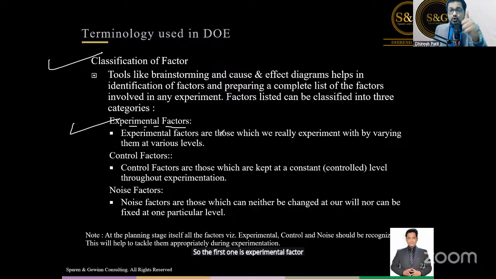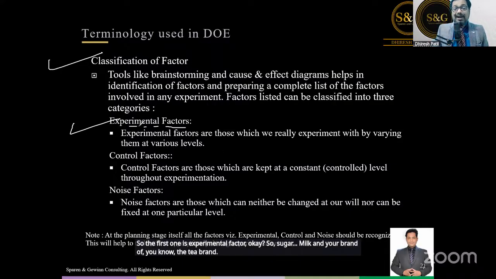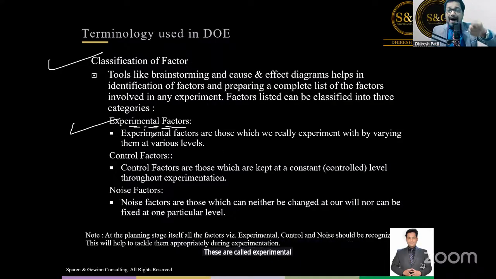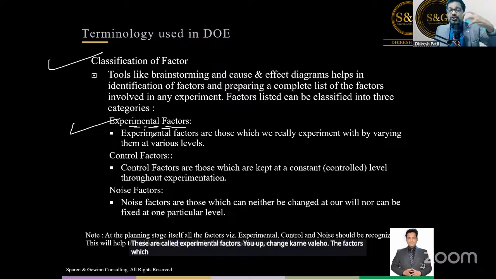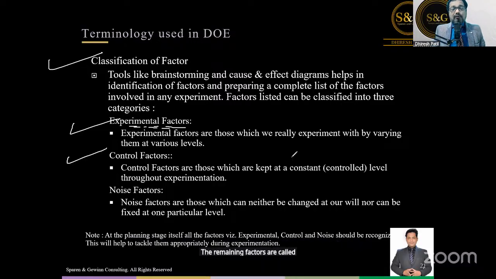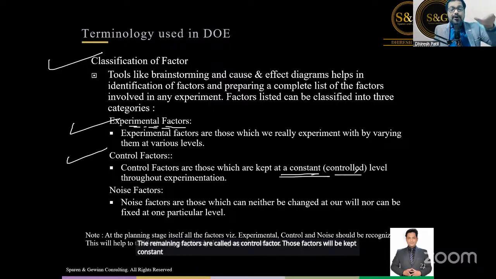So the first one is experimental factor. Sugar, milk, and the tea brand, these are called experimental factors. जो आप change करने वाले हो, the factors which you are going to change are called experimental factors. The remaining factors are called control factors. Those factors will be kept constant or controlled throughout the experiments.